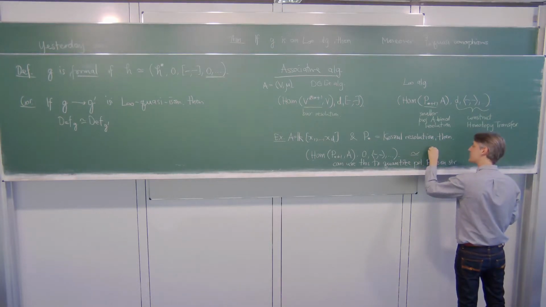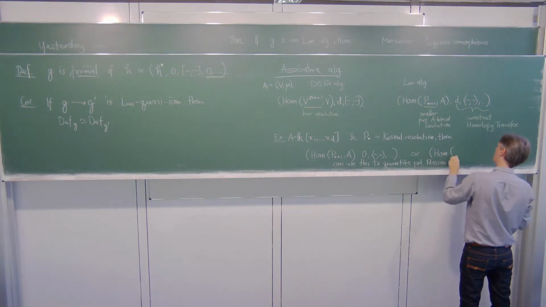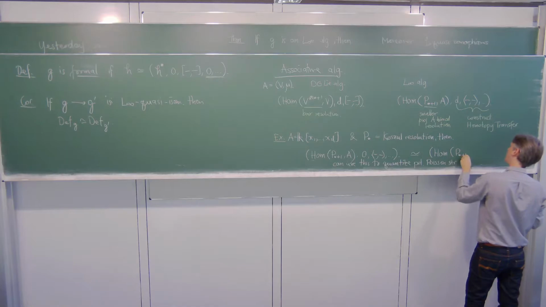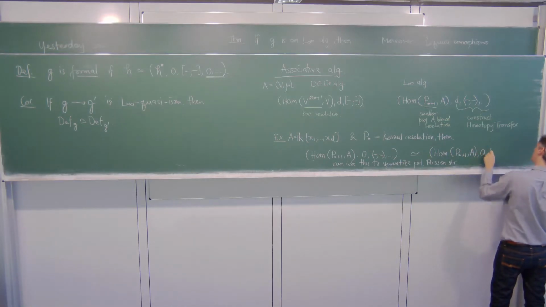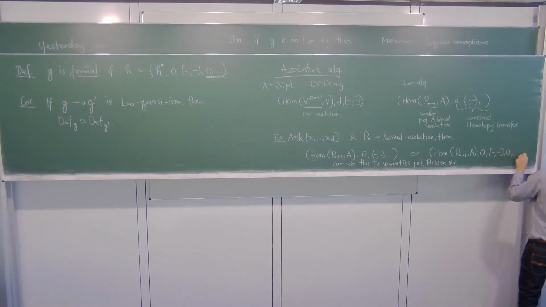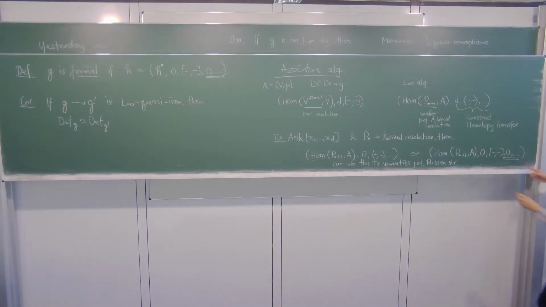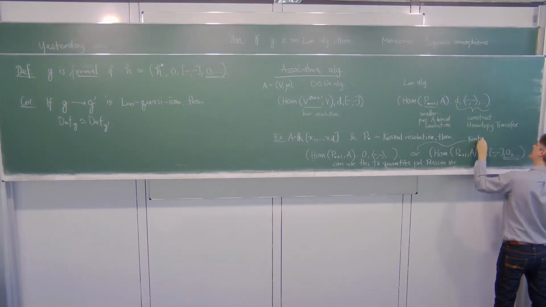And the fact that this is isomorphic to the same thing with 0, just the binary bracket and 0 higher brackets, is the Kontsevich formality theorem, in one formulation.